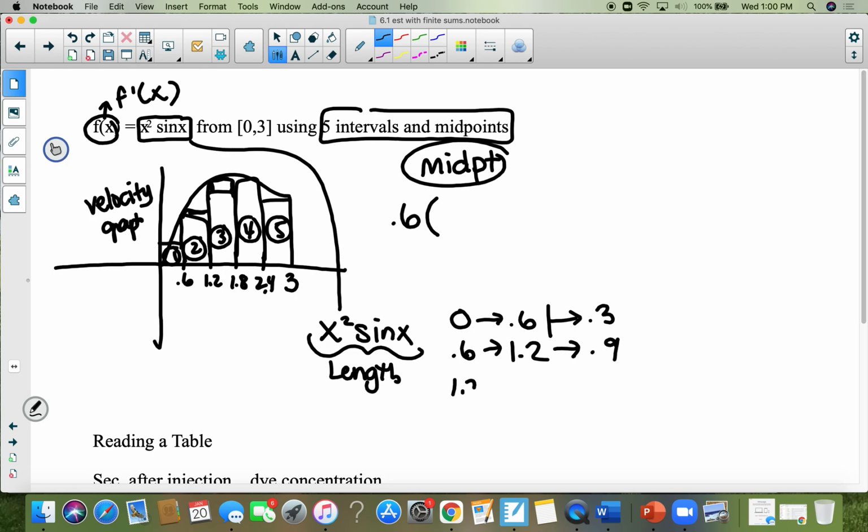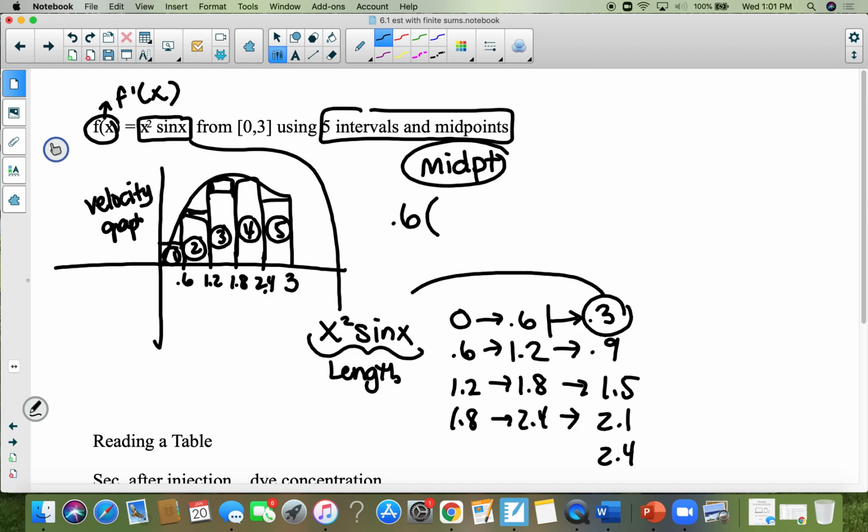And then 1.2 to 1.8, the midpoint is 1.5. 1.8 to 2.4, it's going up by 0.3, so this is going to be 2.1, and this is going to be 2.4. What you have to do is stick this 0.3 into this equation to find what the length is.